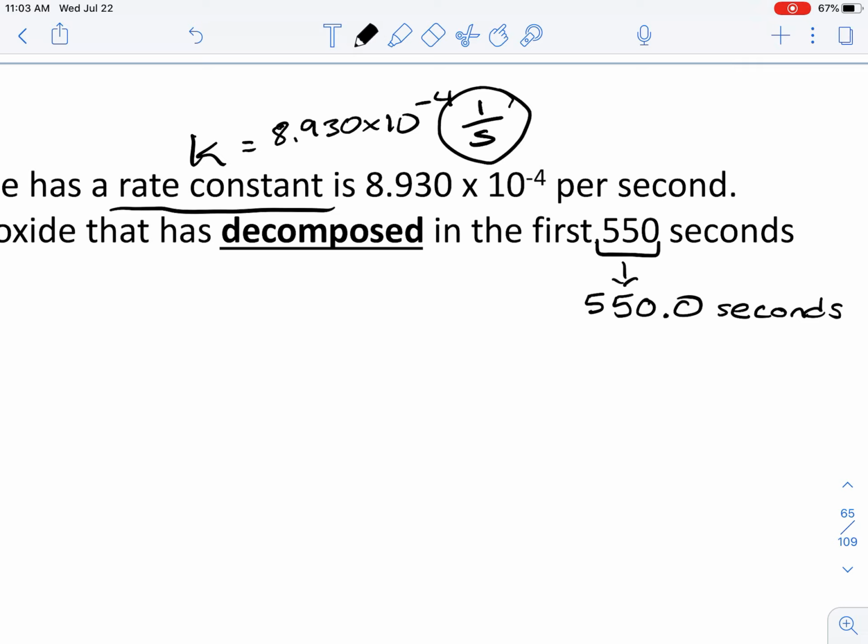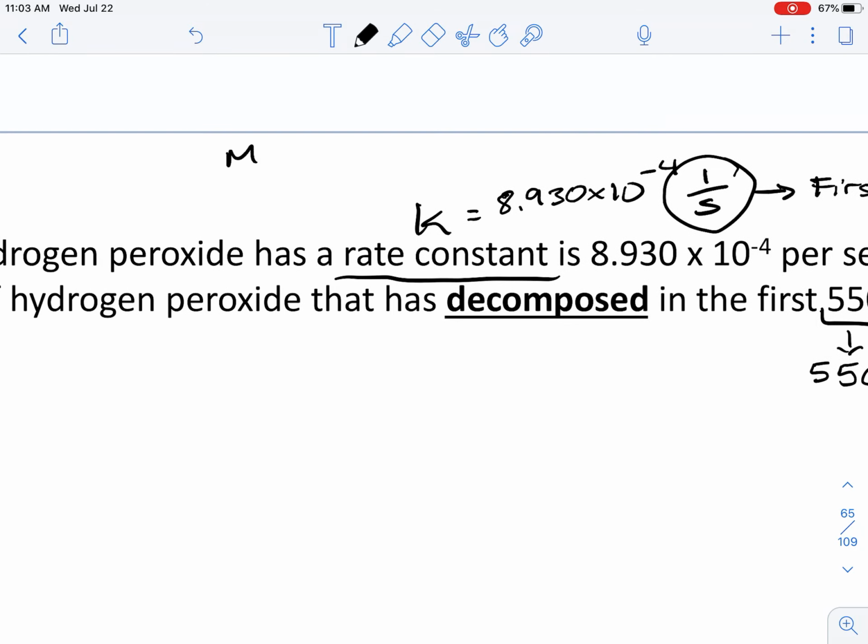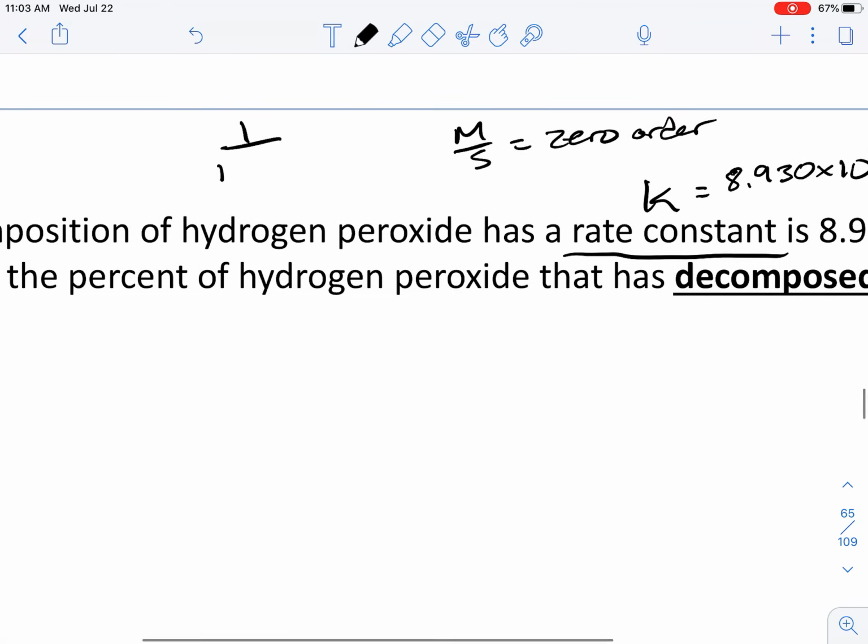And so if you have 1 per second as your unit, this is already indicating that the reaction is undergoing first order. If it's molarity per second, then that's zero order. If it is 1 per molarity times second, that's describing second order.